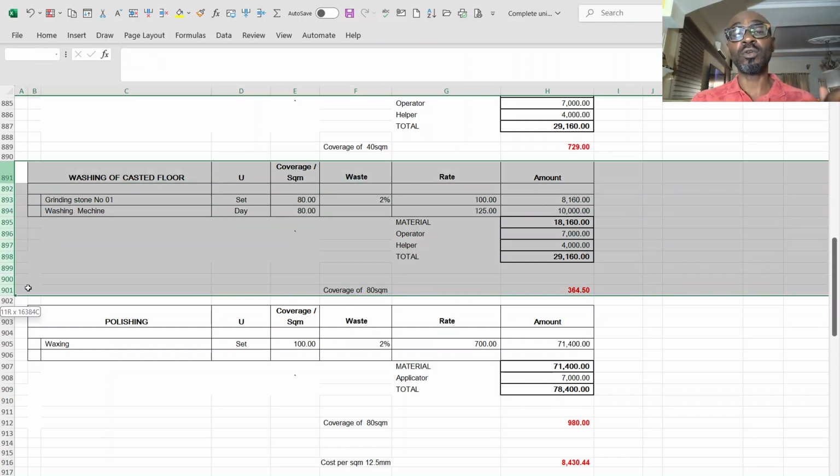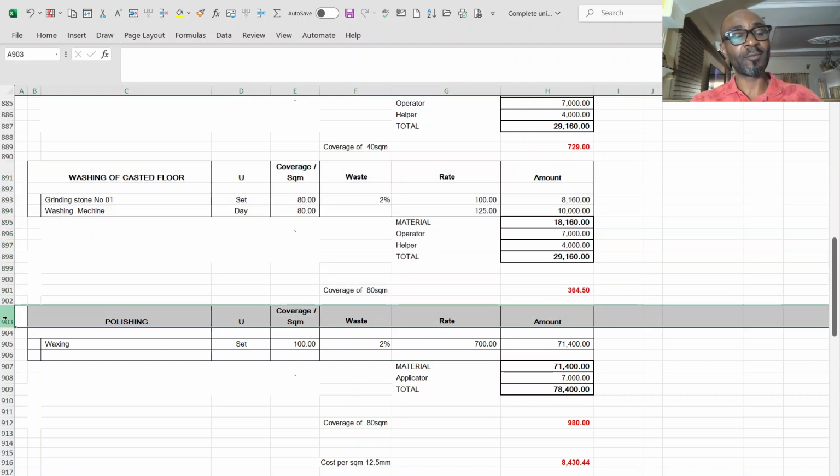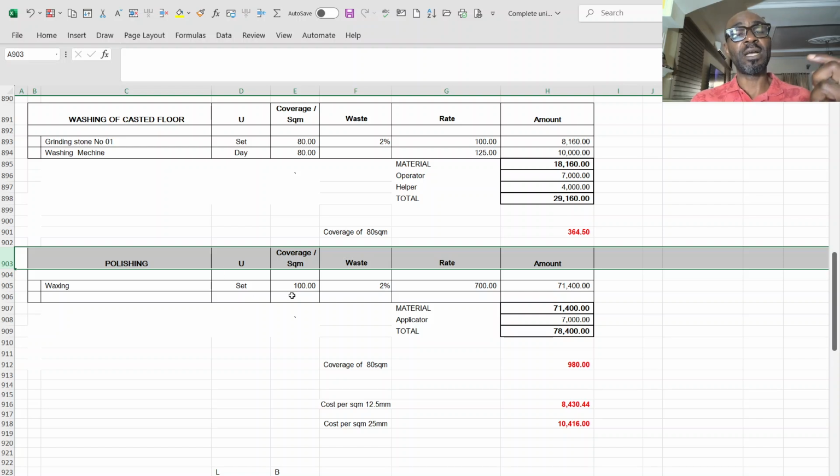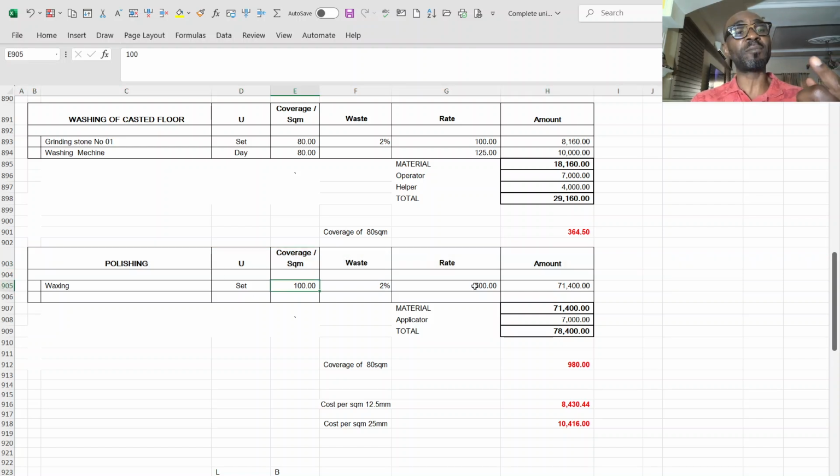The last item after washing the floor to your desired taste, like I did say, you can as well do for 02, 03, 04, depending on the finish that you wanted. But in this case, I'm stopping at 01, then I'm now waxing, which is the final polishing. The polish is 70,000 per thing, and the coverage is 100 square meter.